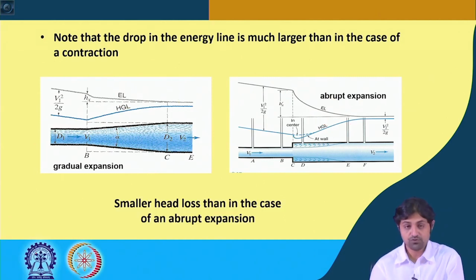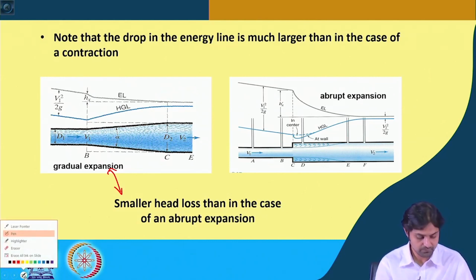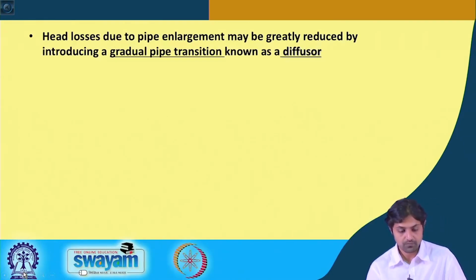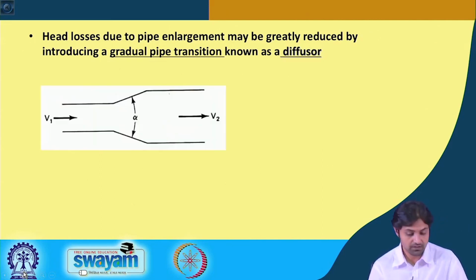So, there is a smaller head loss for the gradual expansion than in the case of an abrupt expansion. Like we had the gradual contraction, we have something called gradual expansion. Head losses due to pipe enlargement may be greatly reduced by introducing gradual pipe transitions known as diffusers. That was the confuser and this is the diffuser, something like this.